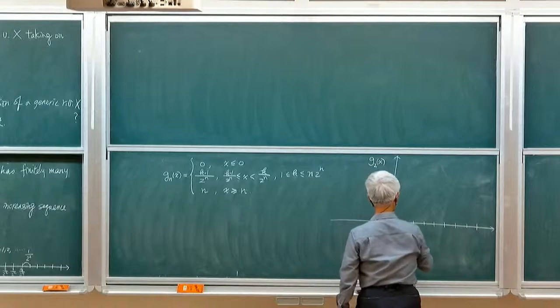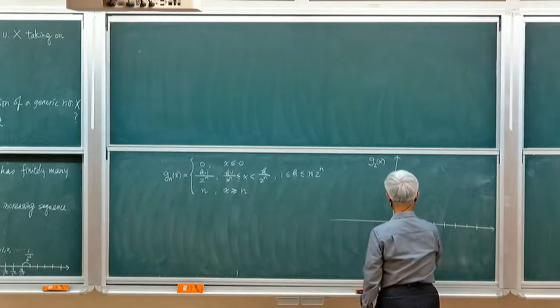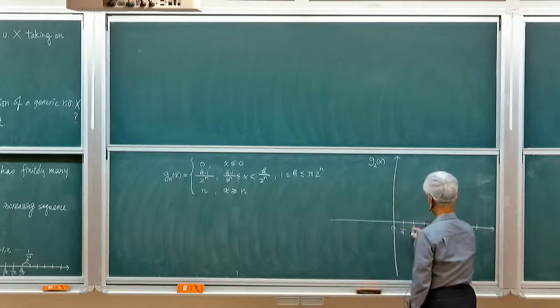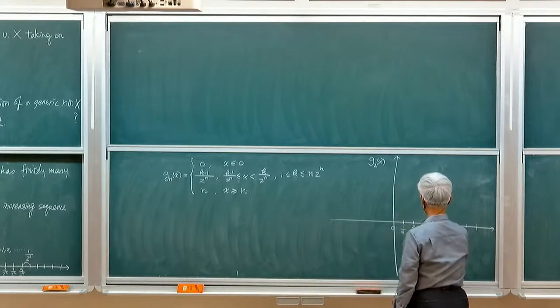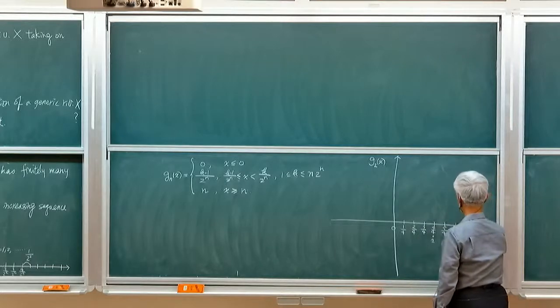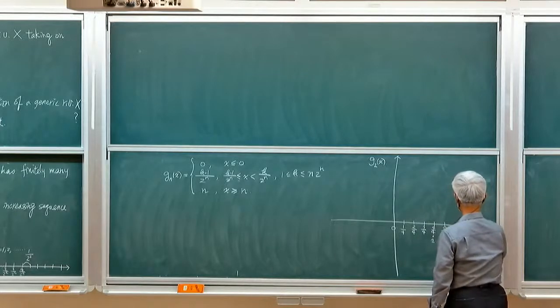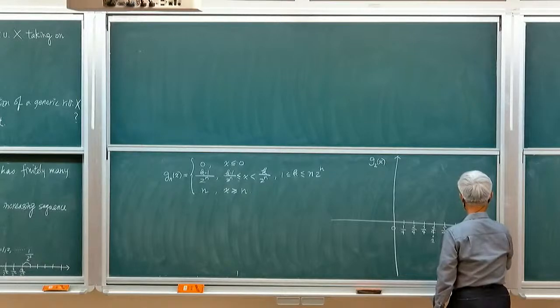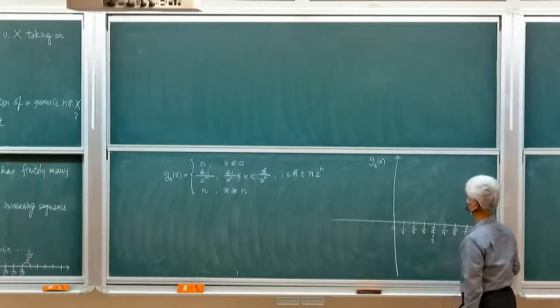So it's 0, and this is 2/4, that is 1/2, 3/4, and this is 1, and 5/4, 6/4, 7/4, and 8/4, which is equal to 2.